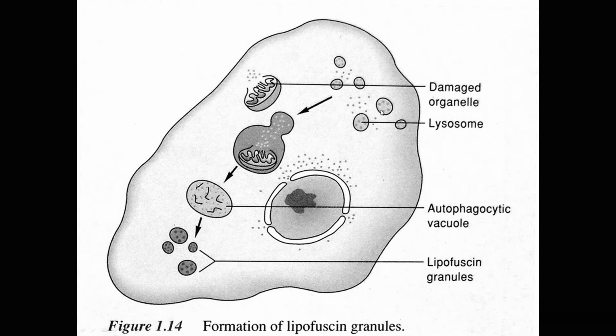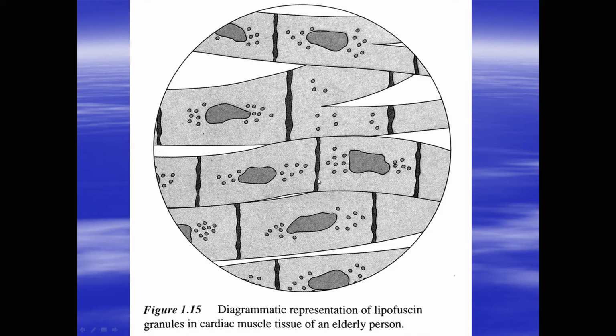However, in some cases, especially when organelles are damaged, lysosomes fusing will finally form autophagic vacuoles. Some remainders of the membranes cannot be digested and they will stay in the cytosol in the form of lipofuscin granules. Thus, lipofuscin granules may be found as a mark of aging. This is a preparation of cardiac muscle tissue in an elderly person.